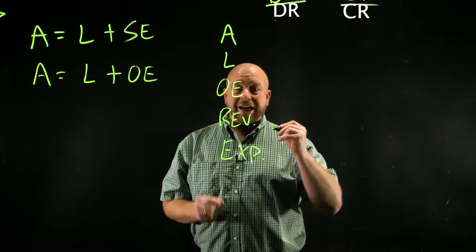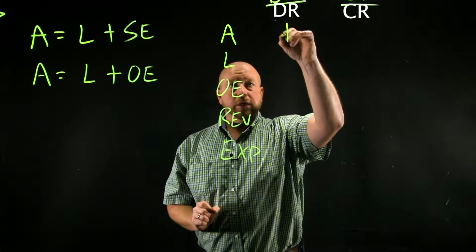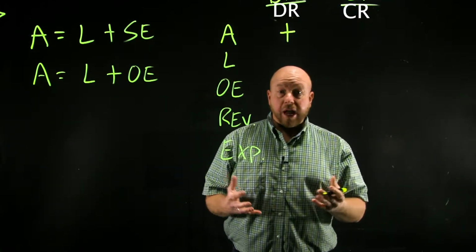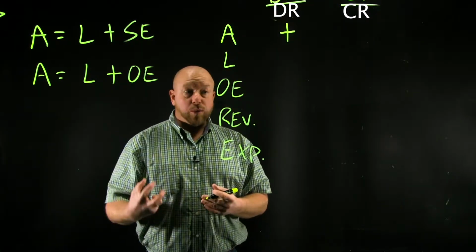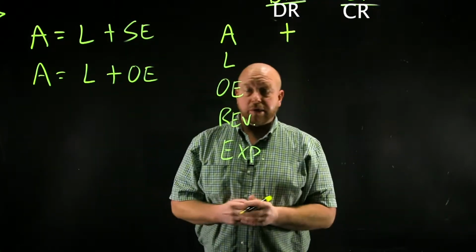If you want an asset account to increase, what you need to do is make a debit entry to that particular account. So cash is probably the most familiar asset for a lot of people. If you want the cash account to get bigger, to increase, simply make a debit entry to that account.